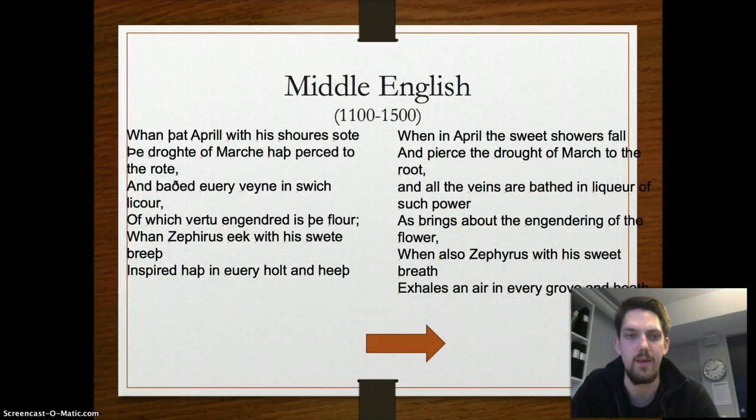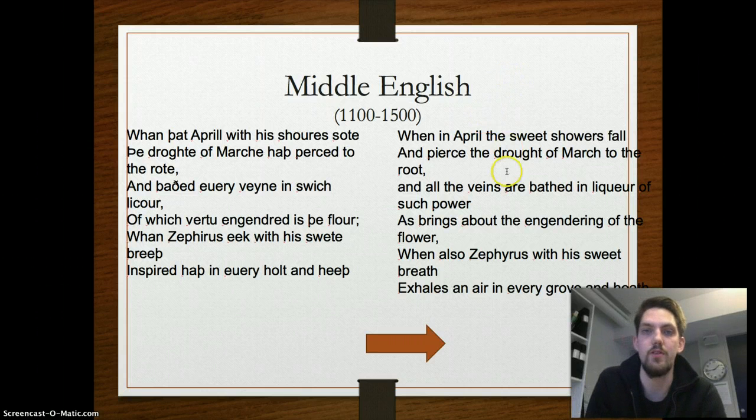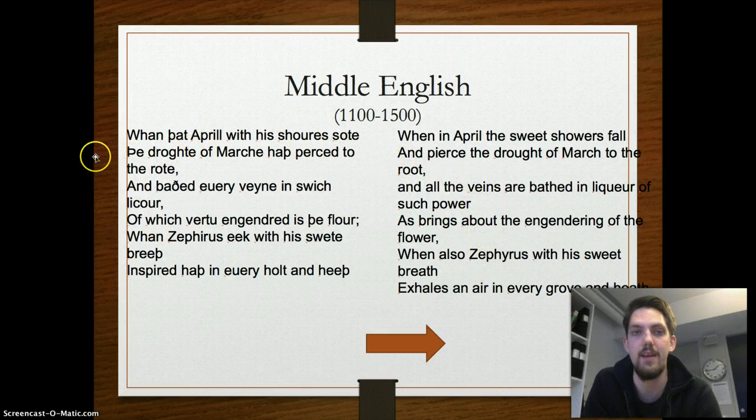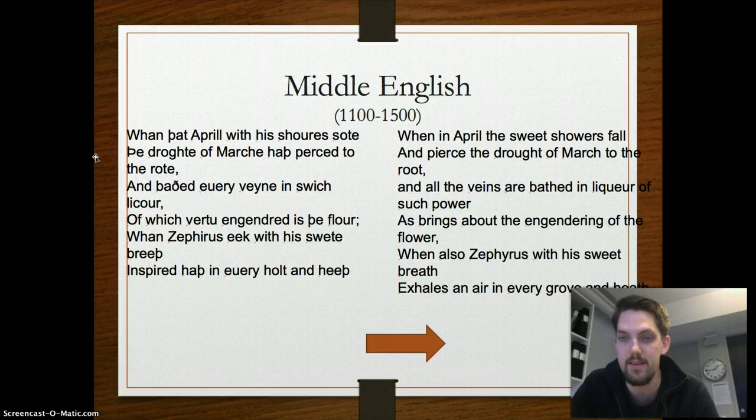And we have a little example of this too. I think this is from the beginning of Canterbury Tales, a poem. When in April the sweet showers fall. So on the right hand side we have the modern translation, and on the left hand side we can see that the English language has once again developed or changed.